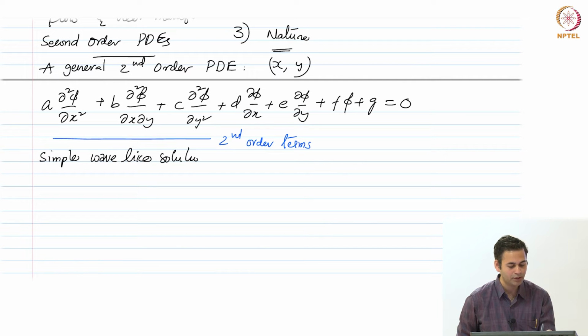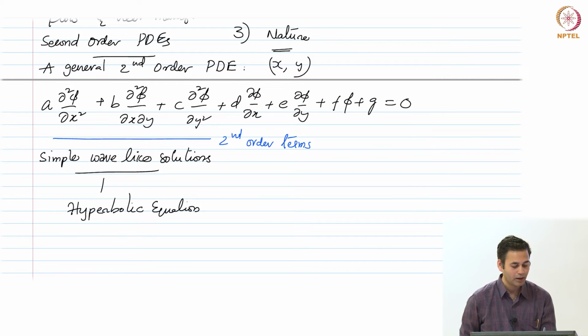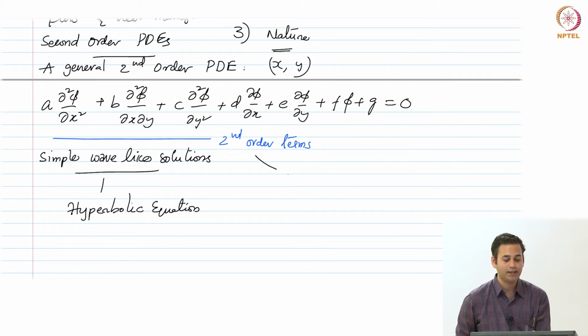If there are simple wave-like solutions that exist for a given equation, then we are going to classify this as a hyperbolic problem. If we are not going to get simple wave-like solutions, then we classify them based on something else, as either elliptic or parabolic.